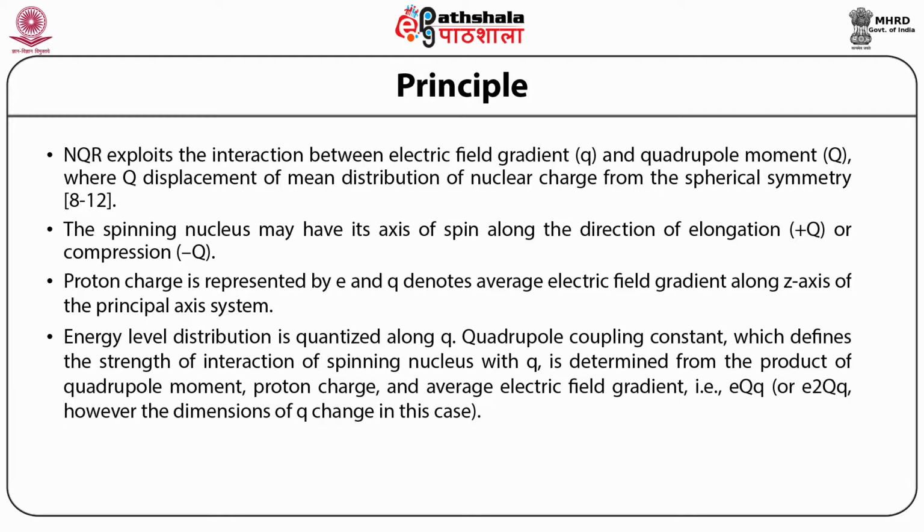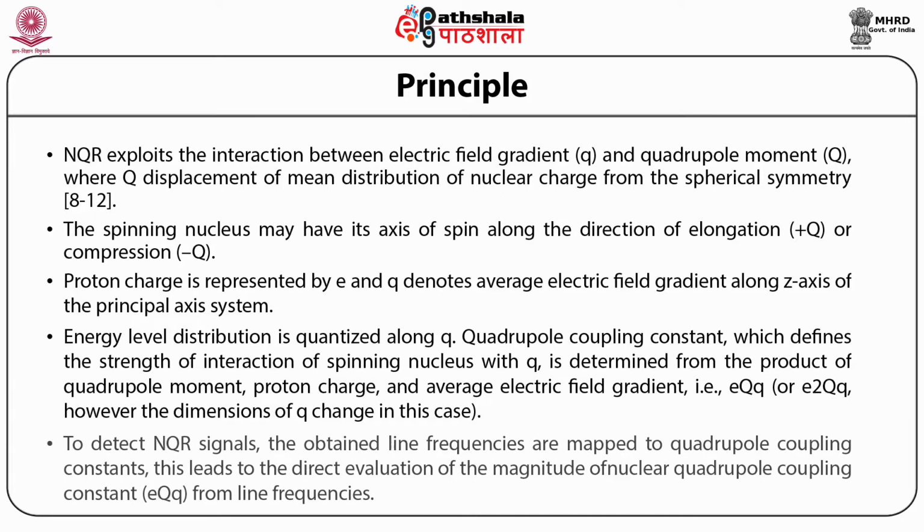However, the dimension of Q changes in this case. So to detect the NQR signal, the obtained line frequencies are mapped to quadrupole coupling constants, which lead to the direct determination of the magnitude of the nuclear quadrupole coupling constant, that is eQ into small q, from line frequencies.